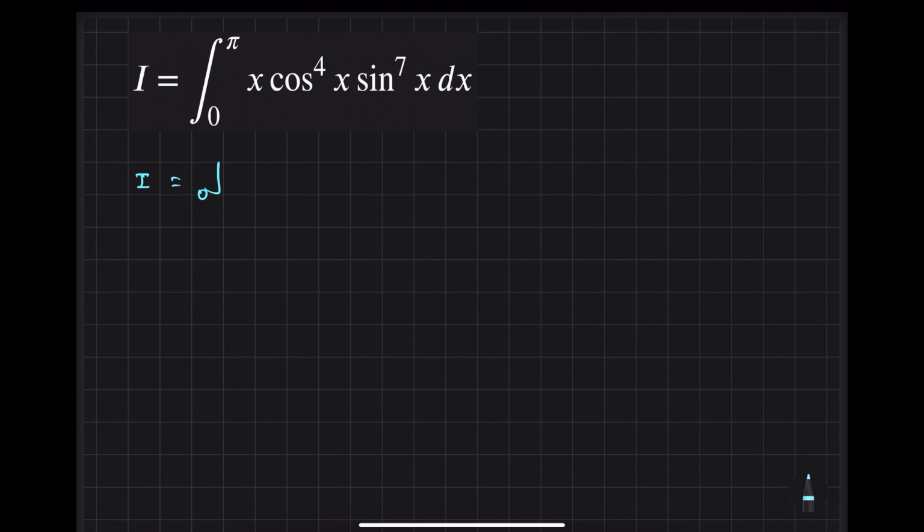So integration from 0 to pi, sum of 0 and pi, and then I will replace x with the sum of lower limit and upper limit minus x. So we will have pi minus x, and cos of pi minus x is what?